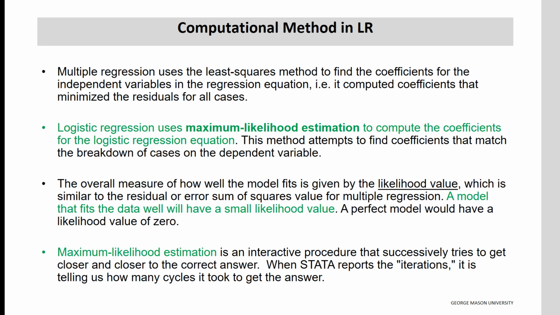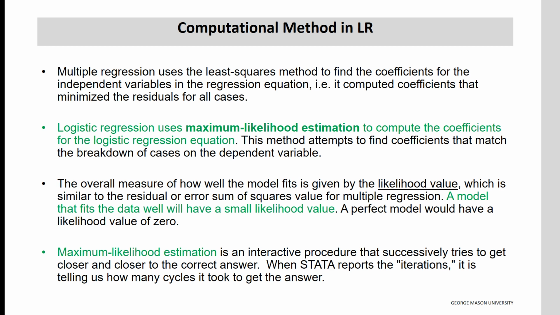Logistic regression uses maximum likelihood estimation to compute the coefficients for the logistic regression equation. This method attempts to find coefficients that match the breakdown of cases on the dependent variable. The overall measure of how well the model fits is given by the likelihood value, which is similar to the residual or error sum of squares value for the multiple linear regression.